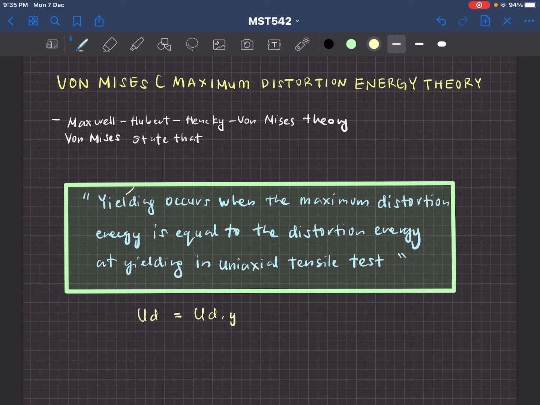And what is distortion energy? We can define distortion energy as the portion of the strain energy corresponding to the effect of the deviatoric stress.